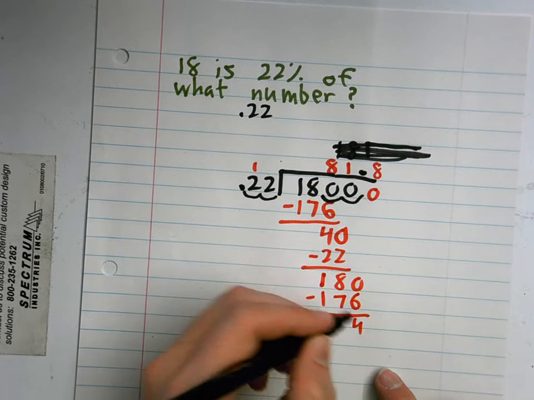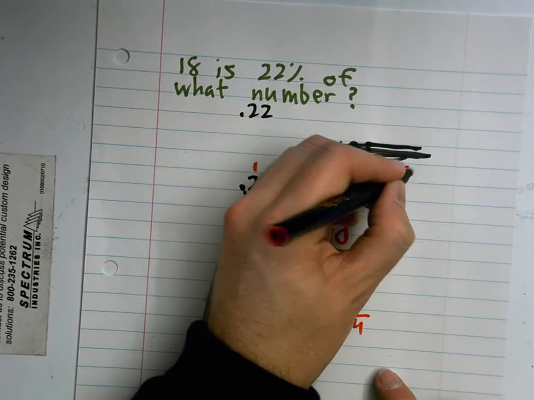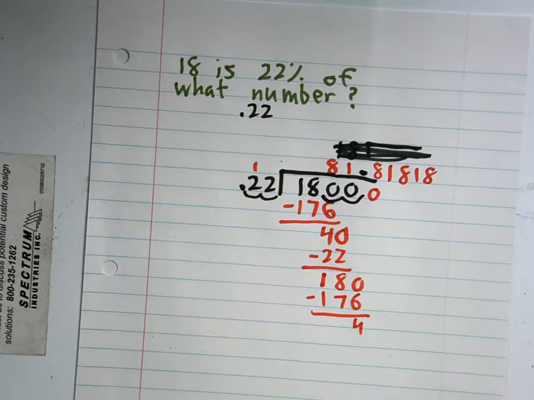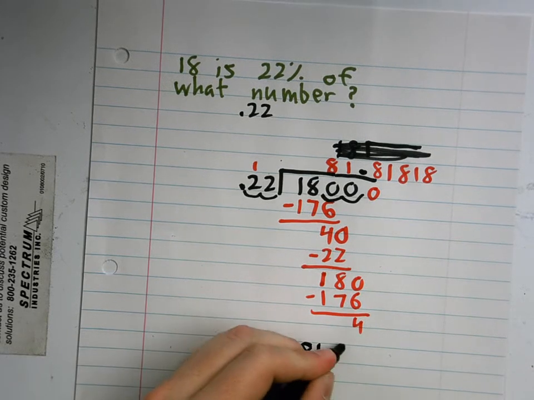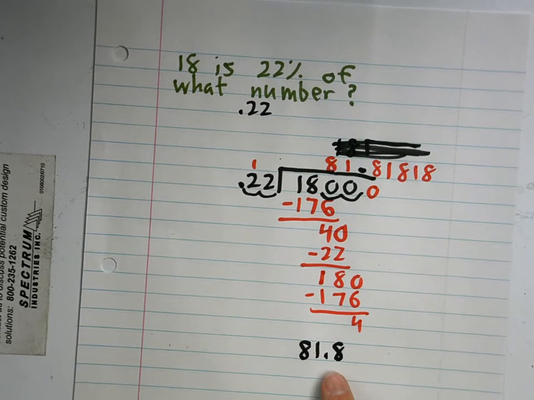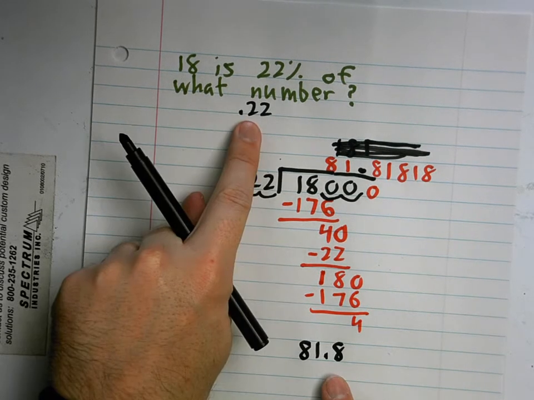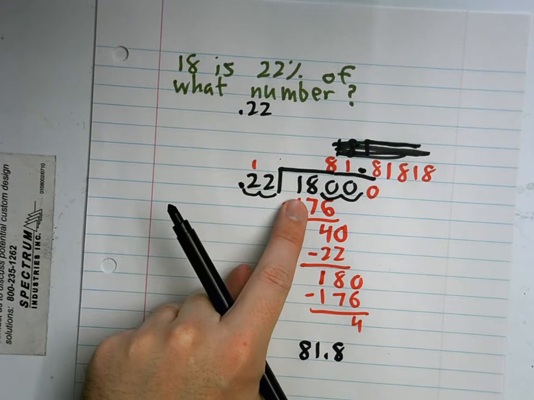So we're going to have a repeating decimal. Okay. So basically, my answer is going to be 81.8. If I multiply 81.8 times that 0.22, I'm going to get 18.